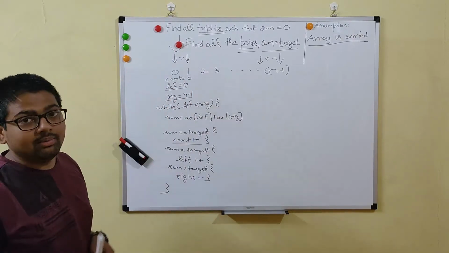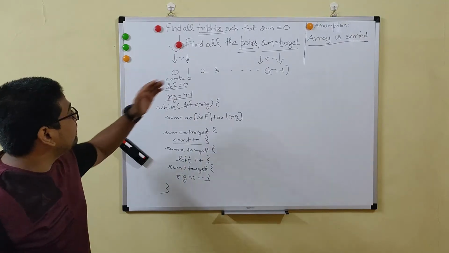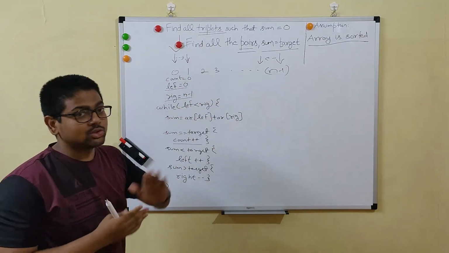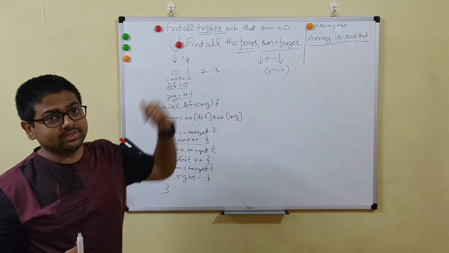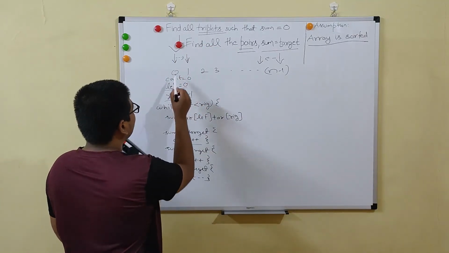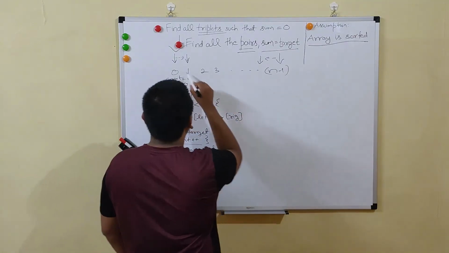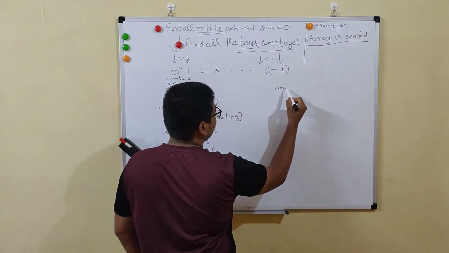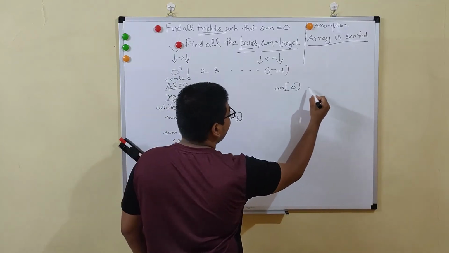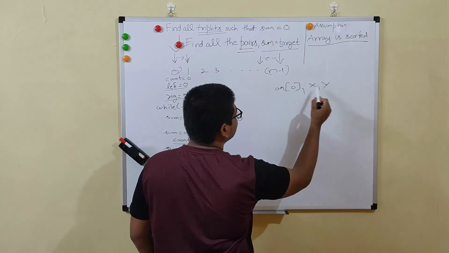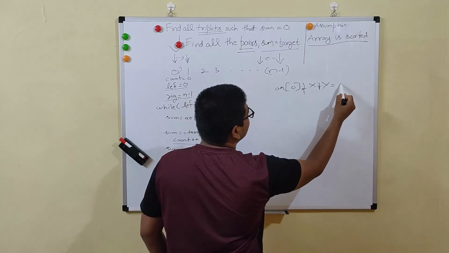Now let's go to the main problem. Instead of pairs, we have to find triplets such that the sum is equal to target, and the target is equal to 0 basically. So let's go to our 0th index first. Let's take this index, which is array of 0, and we have to find two more values such that the sum of these 3 is equal to 0.